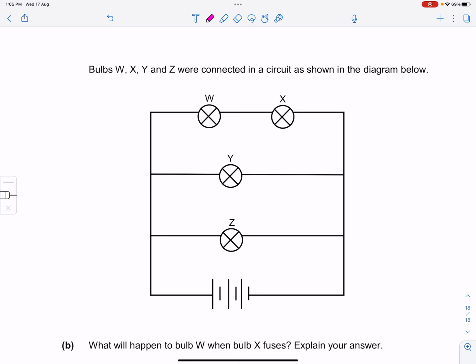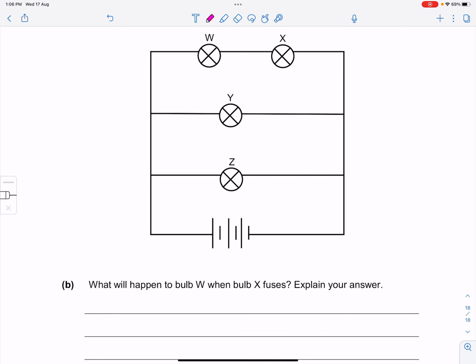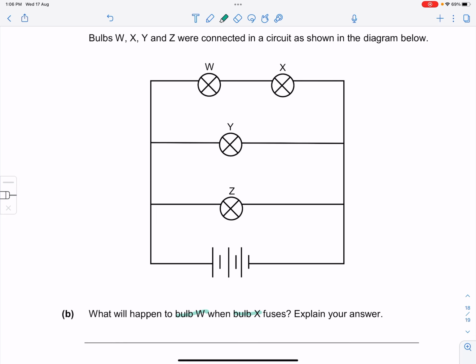Now, bulbs W, X, Y, and Z were connected in a circuit as shown in the diagram. What would happen to bulb W when bulb X fuses? Explain your answer. Once again, when I talk about this, I always say trace. You have to trace.